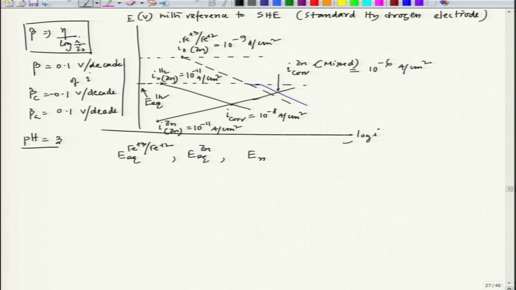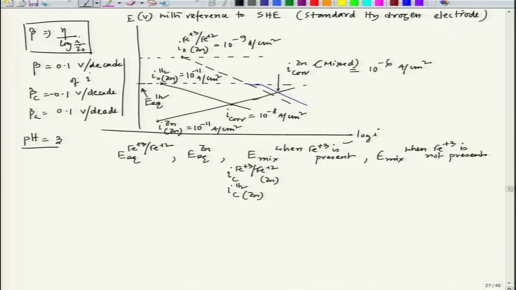So, the E mix when Fe+3 is present, E mix when Fe+3 is not present, as well as I_C of Fe+3/Fe+2 and I_C of H2 over zinc surface, both at E mix when Fe+3 is present.